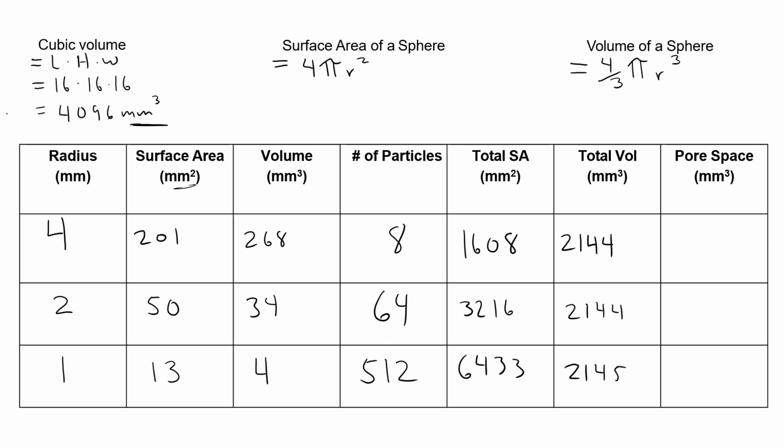So pore space equals total volume minus solid volume. We get the same for all of them: 1952, 1952, and 1951.